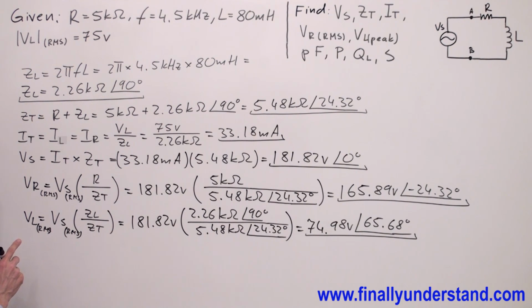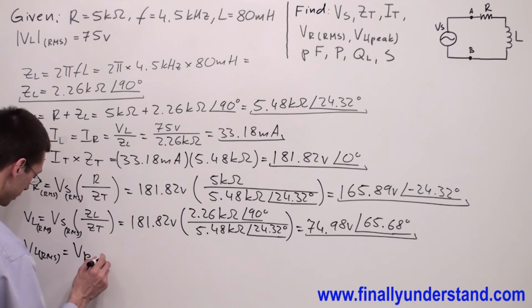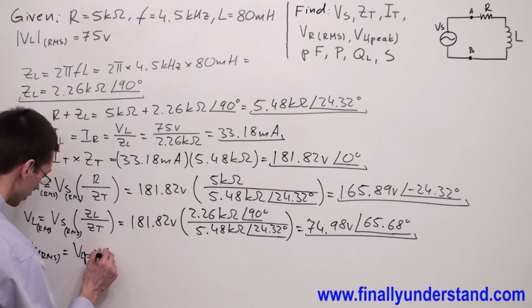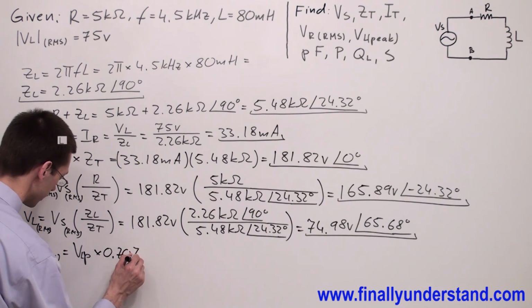So next, because I have found VL RMS, but the problem is asking me for VL peak, I'm supposed to convert RMS to peak value. Okay, so I have a formula which says VL RMS is equal to voltage peak, let's call this VL peak, times 0.707.